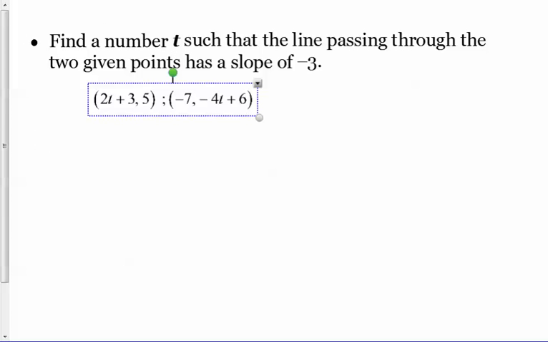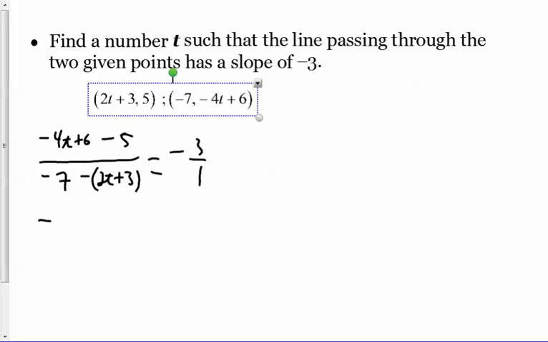Find a number t such that the line passing through two given points has a slope of negative 3. This is a little different, but if you take negative 4t plus 6 minus 5 over negative 7 minus 2t plus 3, that's equal to negative 3 over 1.